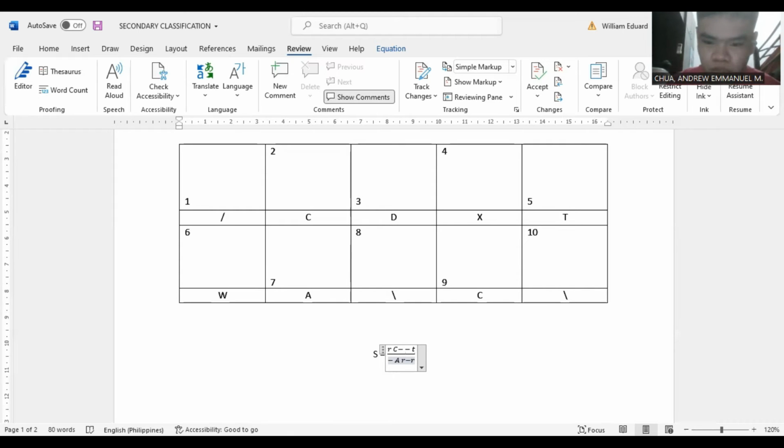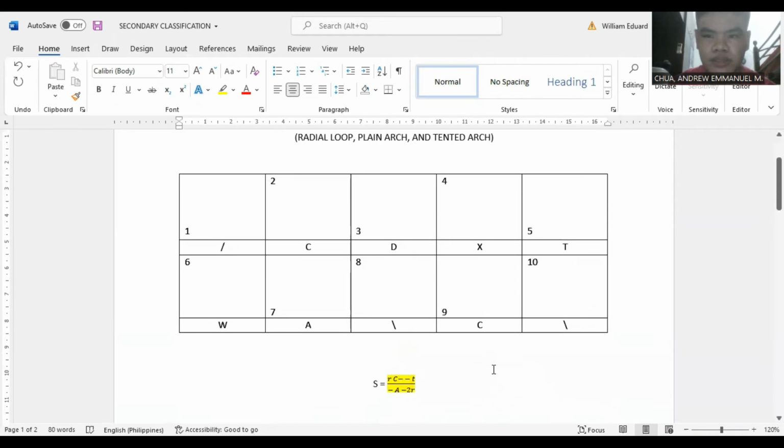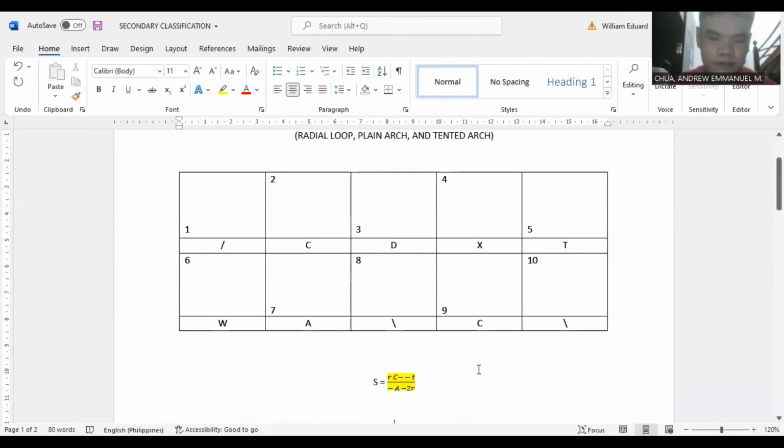So we remove the other r and put 2r to indicate that there are two radial loops on the left hand. Therefore, this is your answer on the first fingerprint card.